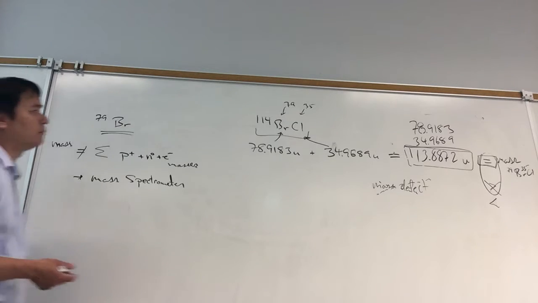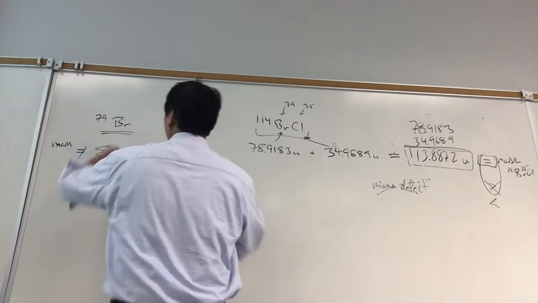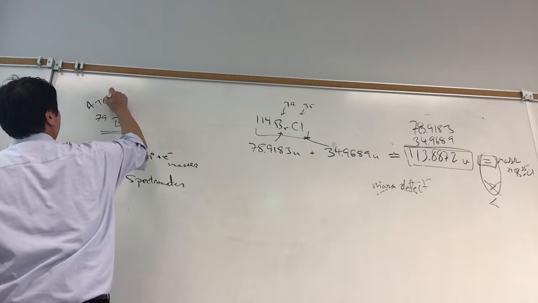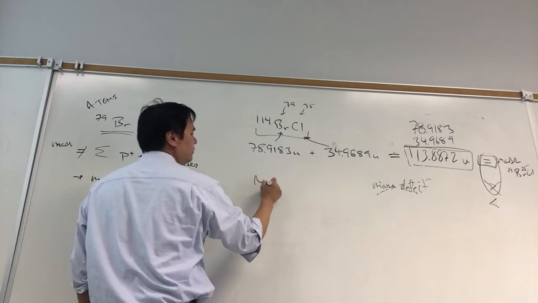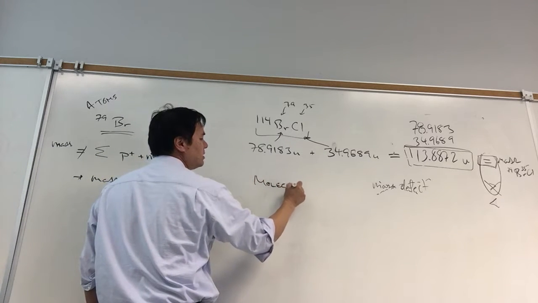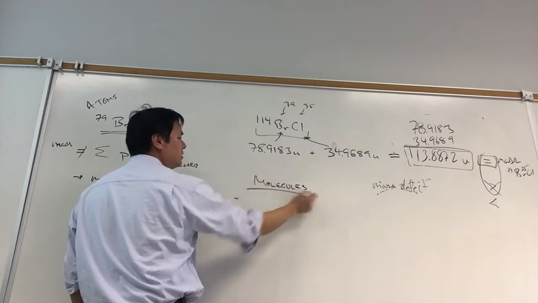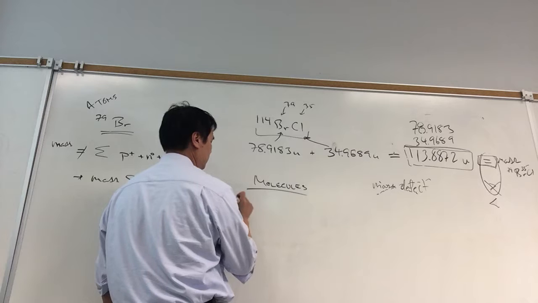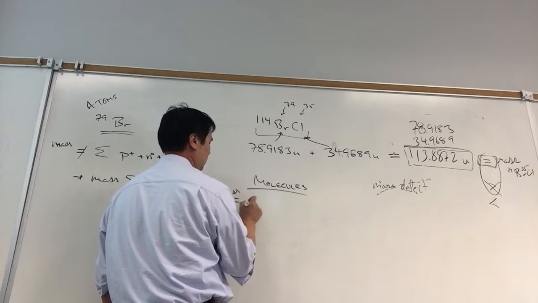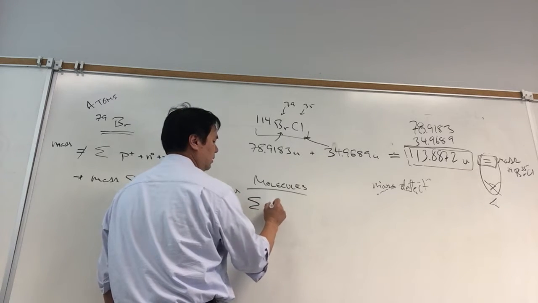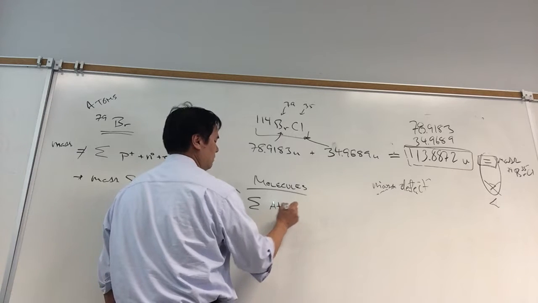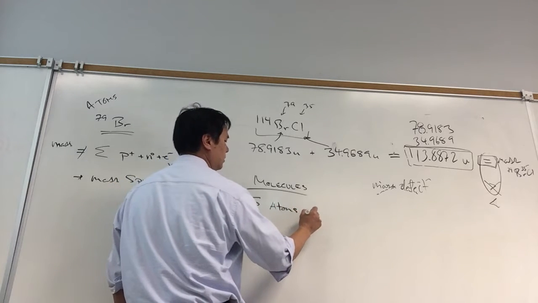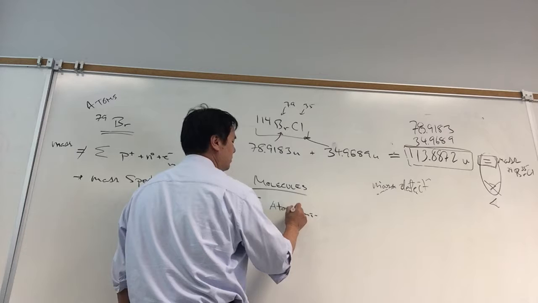Okay, so that is for atoms. For molecules, if we want the mass of the molecule, then it's easy. The mass of the molecule is, for example, the sum of the masses of the atoms in the molecule, let's just say atomic masses.